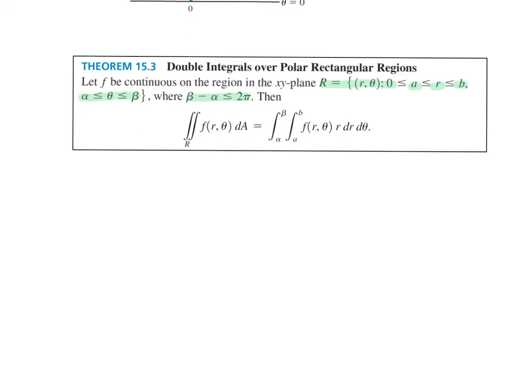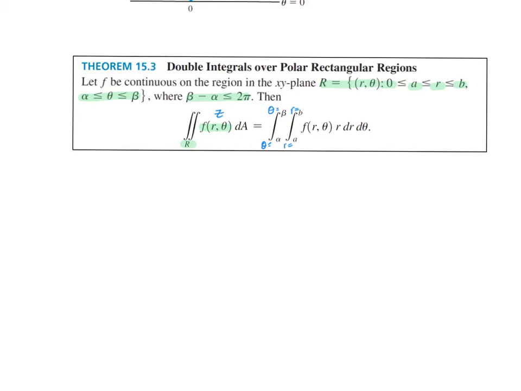So our double integral over our polar region for our z function, which is a function of r and theta, so remember this is just z values, is going to split up into r from a to some value b, and theta values from alpha to beta.